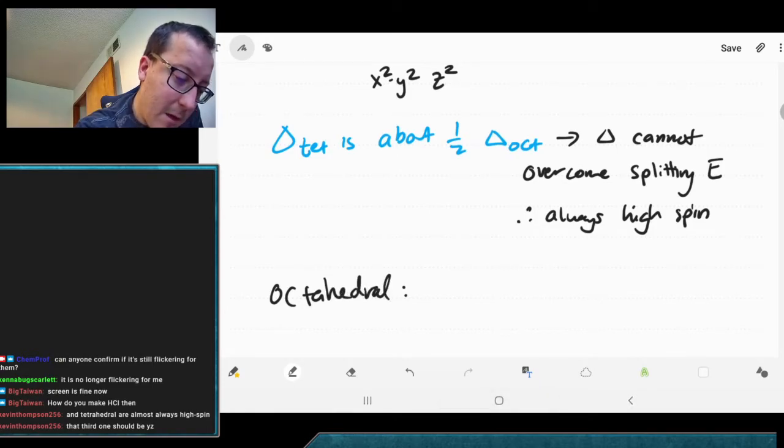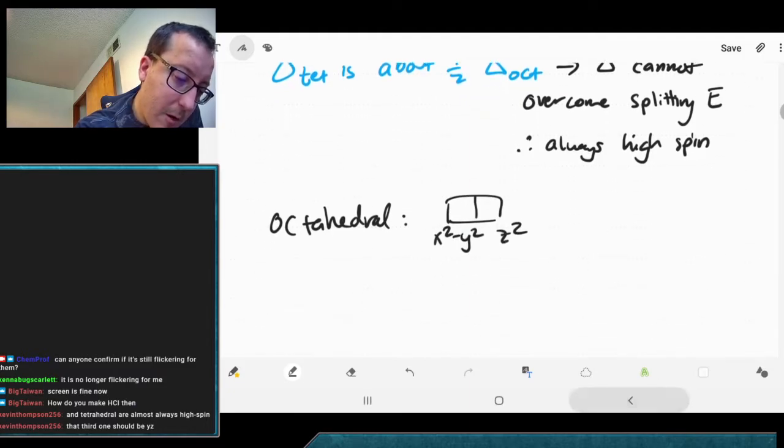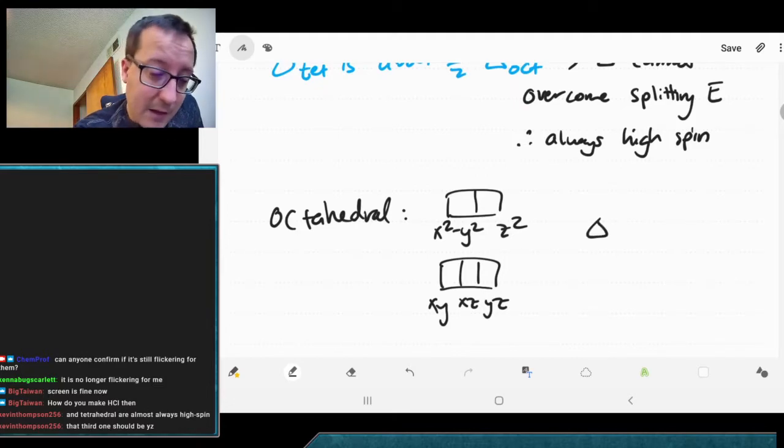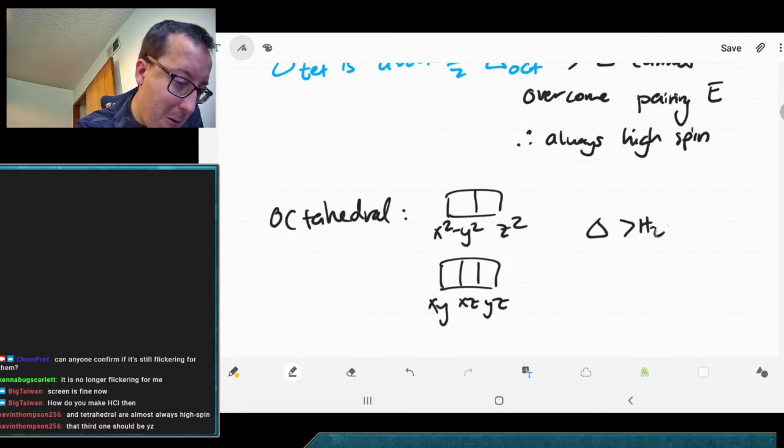We have those two be the high ones, and then if your ligand splitting energy, I'm sorry, this is splitting energy. This is pairing energy that I'm talking about. Splitting energy here, if it's greater than water, you'll end up with a low spin complex.